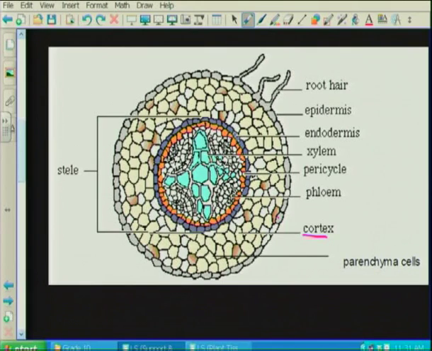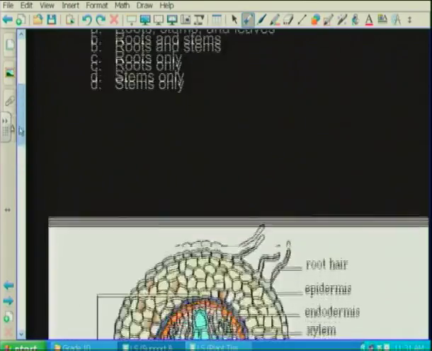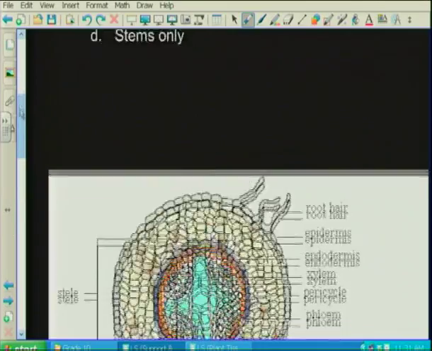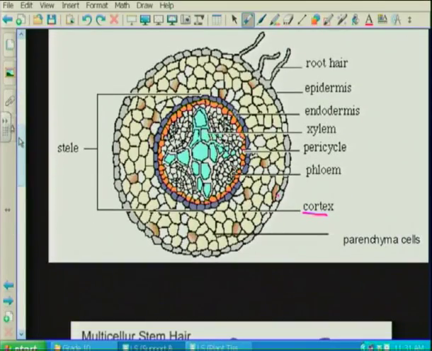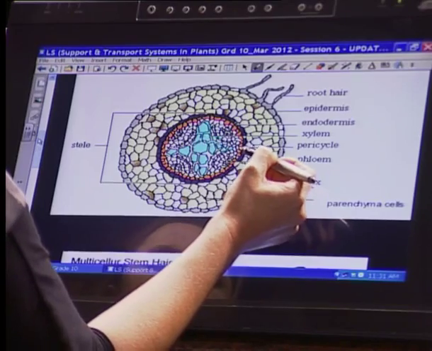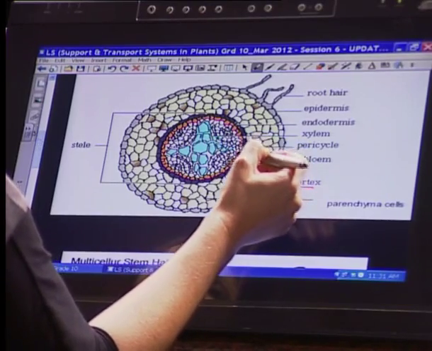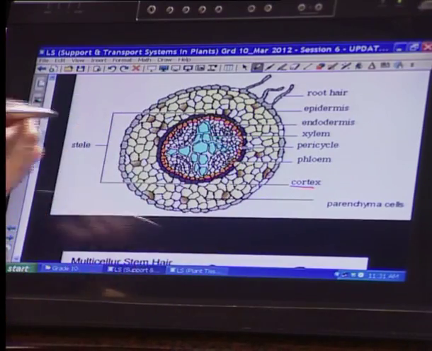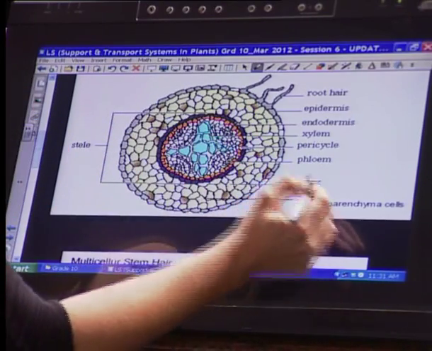So yes, definitely you do get the cortex in a root. Then you get your endodermis, your pericycle, your xylem and phloem, which all make up your stele. So we see there is a cortex in the root.